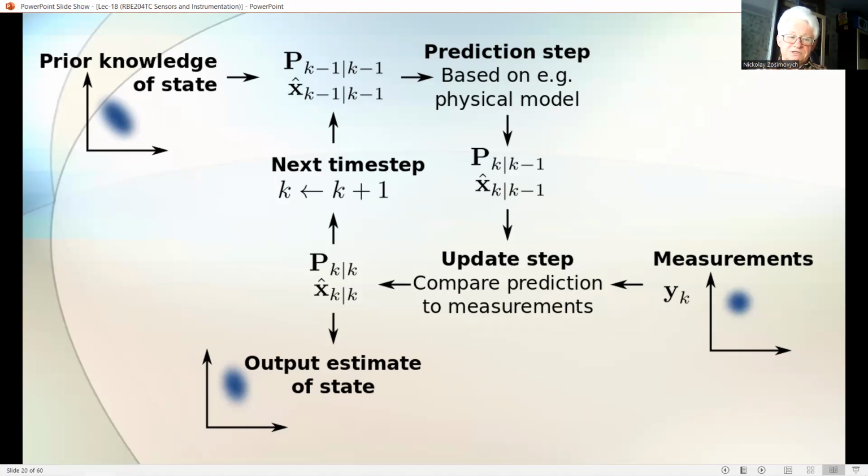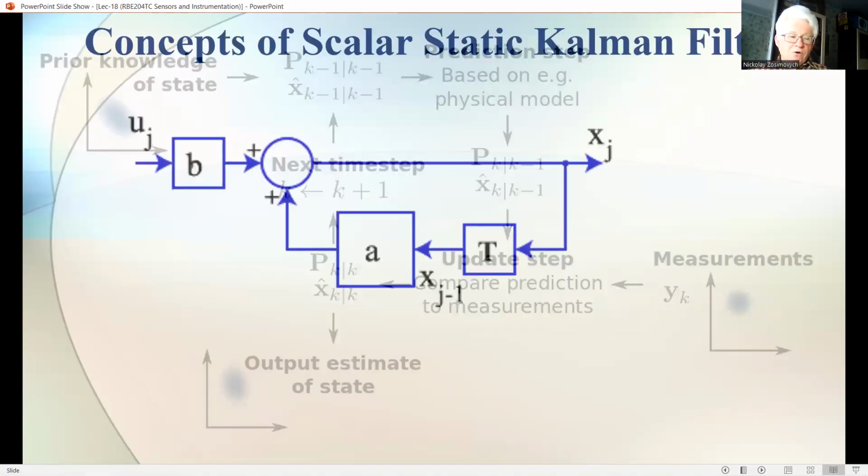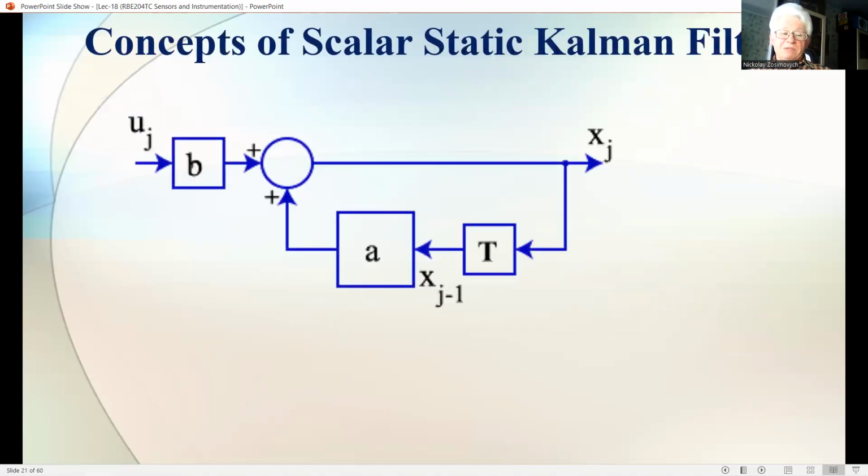The predictor step generates an a priori estimate and the corrector step generates the posteriori estimate. The discrete time Kalman filter uses a two-step recursive scheme to accomplish this. Okay? Now, we present a Kalman filter style recursive formulation for a scalar or static system.